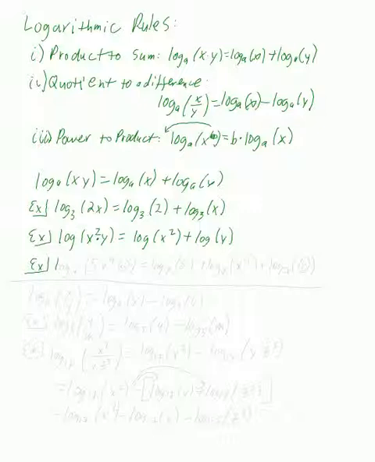A third example, we'll say log base 7. Maybe we're talking days in a week, so it's base 7. 5, x to the 4th, and we'll get kind of weird here, and we'll say this is a happy face. Well, now I have three things multiplied. I have a 5, I have an x to the 4th, and I have a happy face.